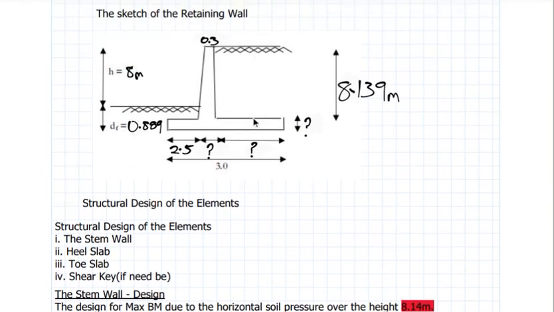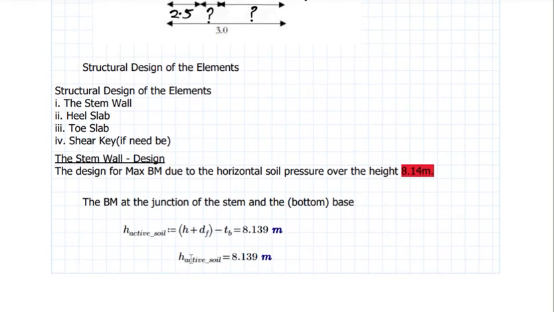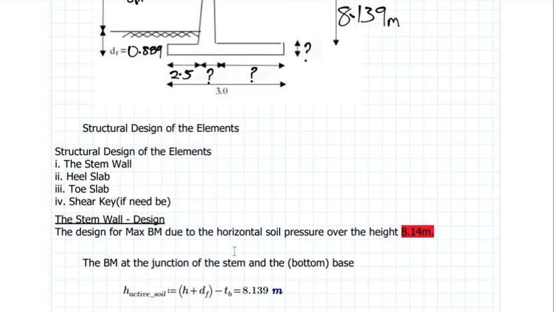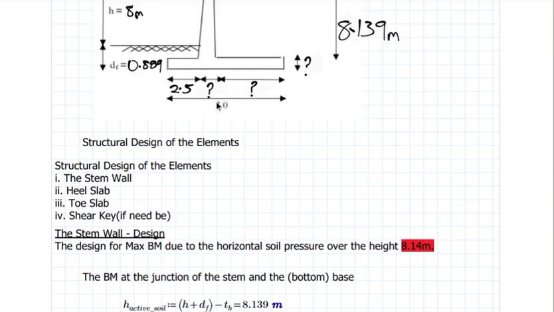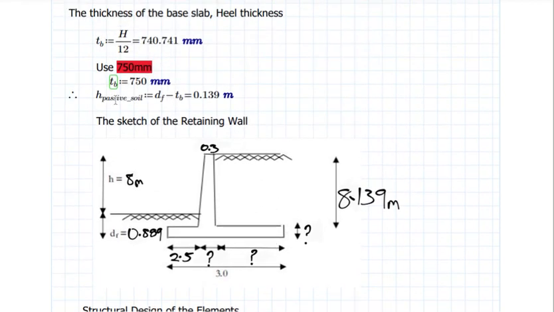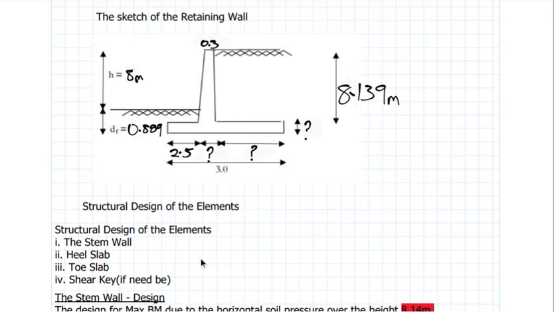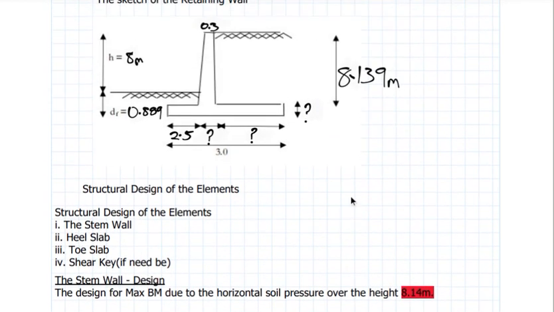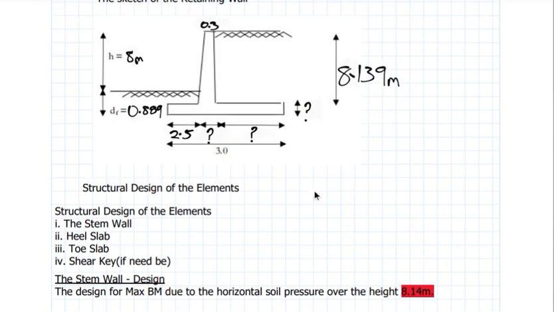This is how we attain it: the small h, which is this, plus Df, minus the tb that we got, which is the thickness of the base slab. No, this is the total h, the big h, minus this. That's basically what we have here. Then this is what it gives us, which I said we are going to reach later.